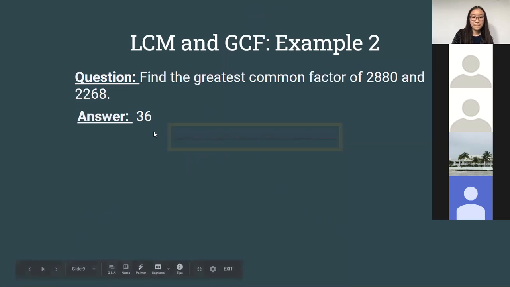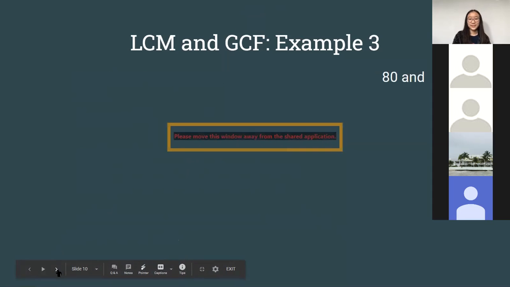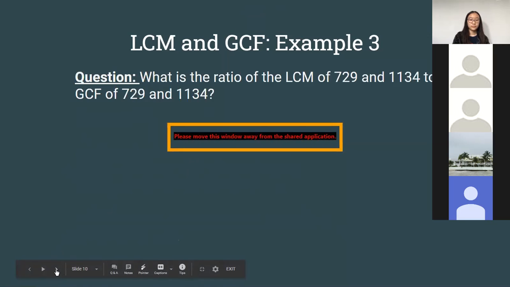All right, so 36. Everybody already knows that answer, I guess. Move on to the next one. Example 3. I hope I don't leak the answer to this question because that would really suck.